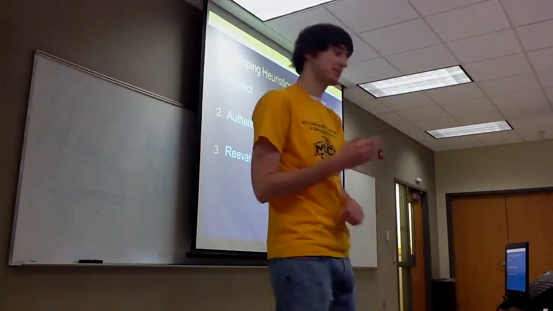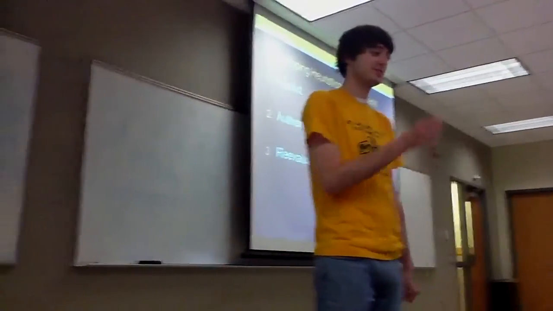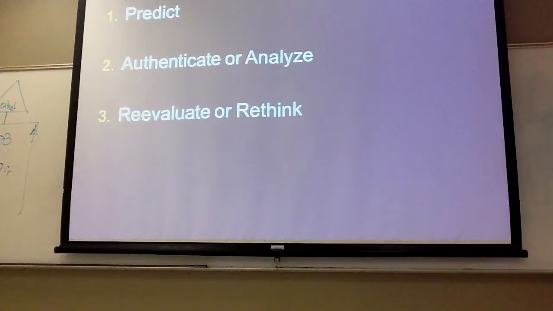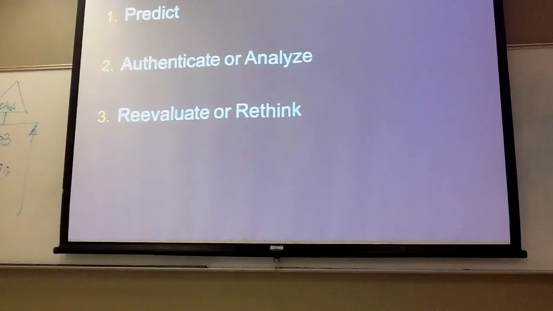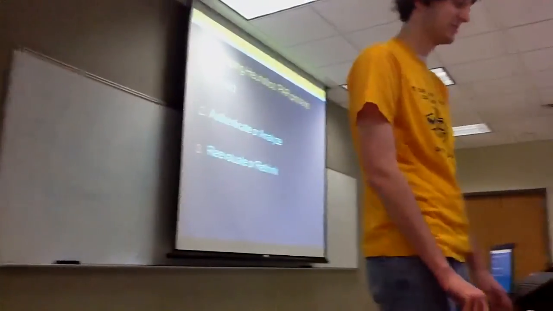They're developed through what's called the PAR process, which stands for predict, authenticate, and reevaluate. When you predict, that's a quick assumption or approximation, trying to get a quick answer to how to solve a problem you're stuck at. Authenticate would be to do it the long way, see how you would go about doing it if you had to go the entire process, all the math, all the calculations to be done with that approach.